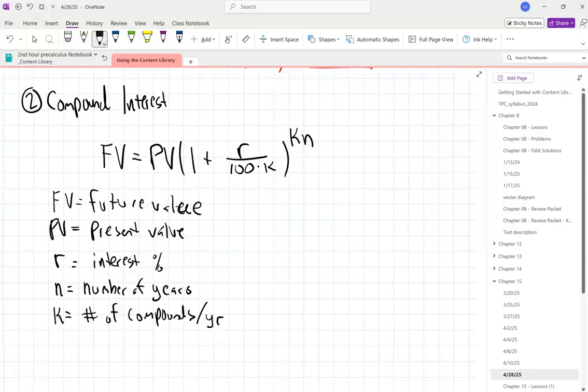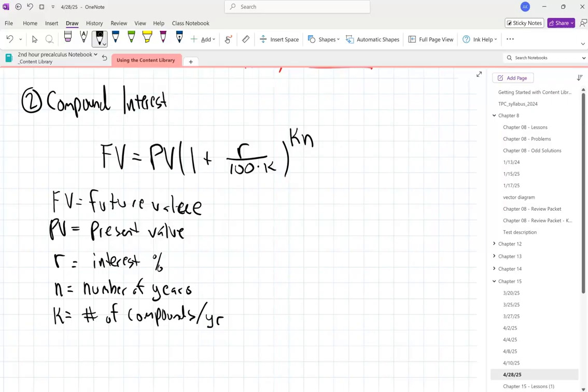So the problem will say some percent interest compounded, and then it might say weekly. How many weeks are in a year? 52, so K would be 52. Might say compounded monthly. How many months are in a year? 12, so K would be 12. Might say compounded daily. How many days are in a year? 365, and there's a little leftover change there.